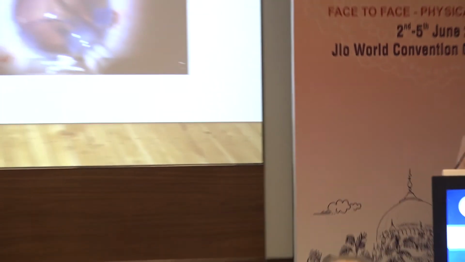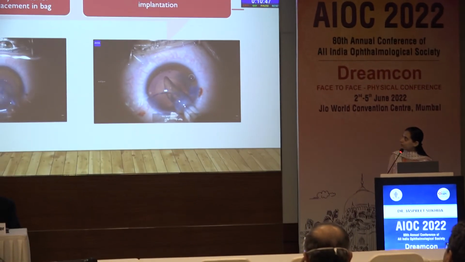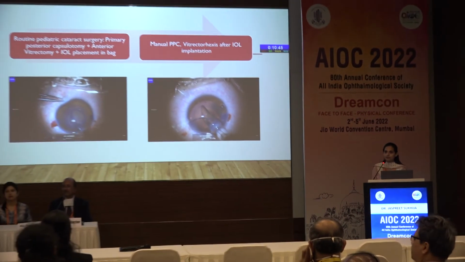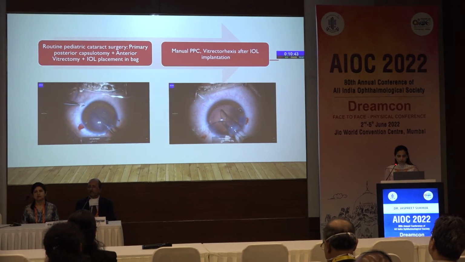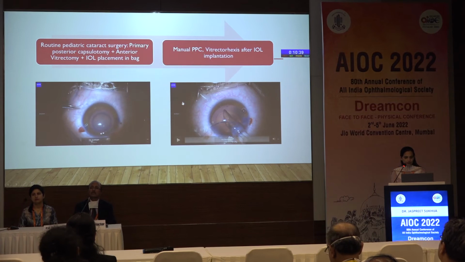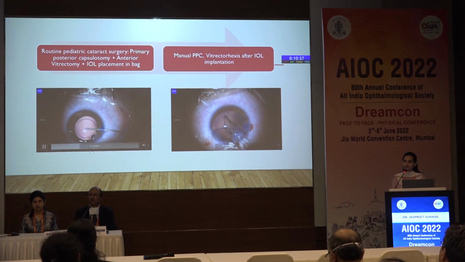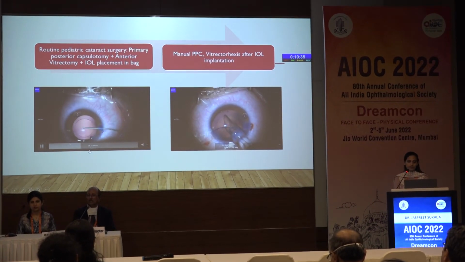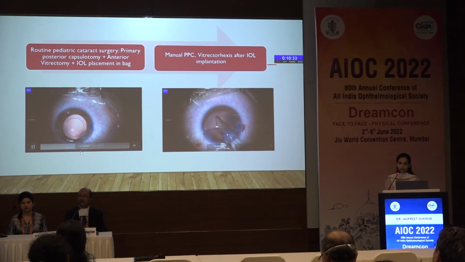In a routine pediatric cataract surgery, we have seen the steps, that is it includes a complete lens aspiration after a good anterior capsulorhexis, a primary posterior capsulotomy, anterior vitrectomy, and an intraocular lens implantation in the bag. So once you have fashioned an anterior capsulorhexis, you do an irrigation aspiration of the cortex, then you implant the IOL after inflating the bag with a viscoelastic.